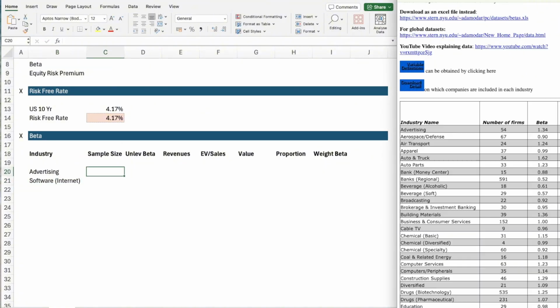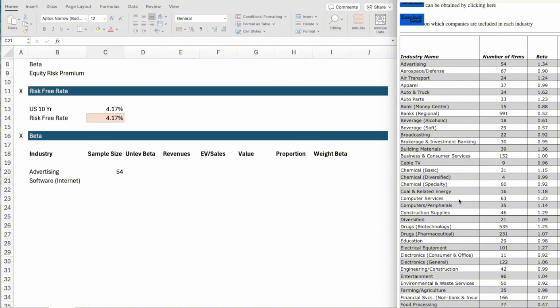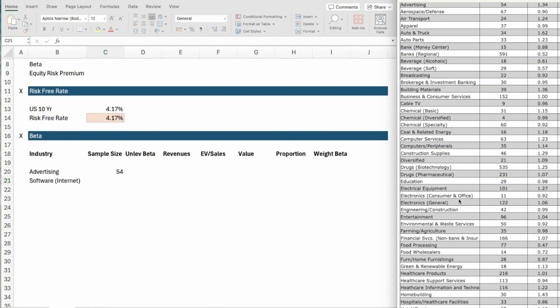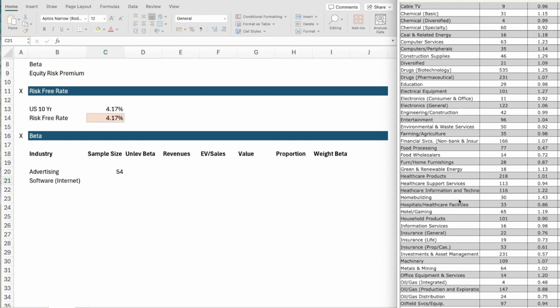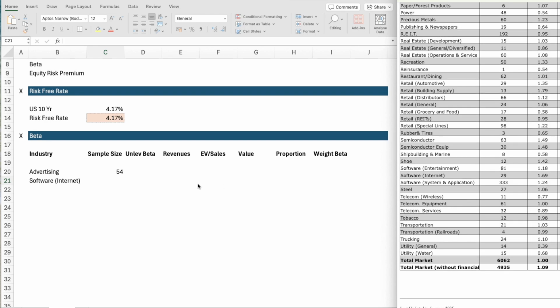Let's start populating. So it's 54. Okay, well, let's have a look. So advertising, definitely. Computer services. Then software, internet, or system and application.